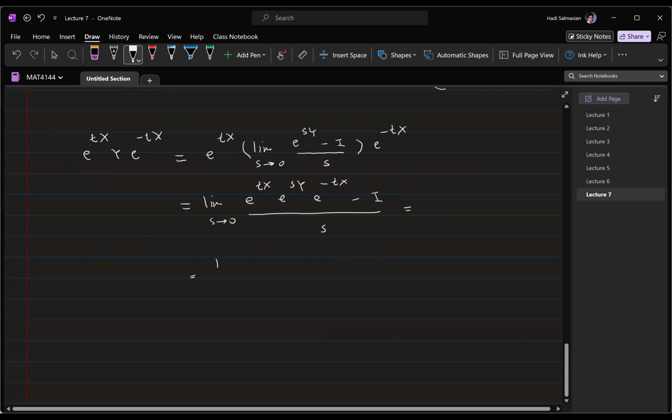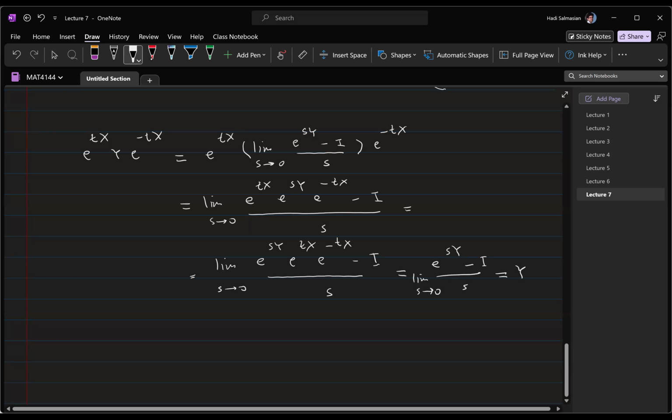Because G is abelian, capital G is abelian, I can write this as e to the sy times e to the tx, e to the minus tx minus 1 divided by s, which is e to the sy minus 1 divided by s. And as the limit s goes to 0, you get y by definition of y.